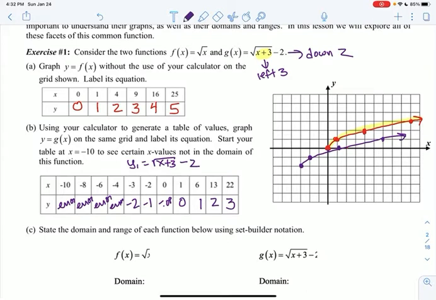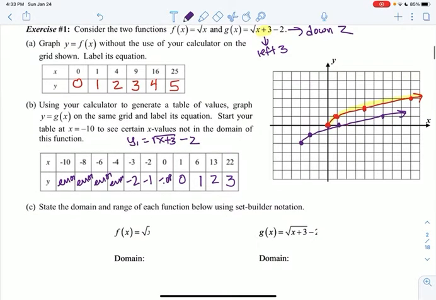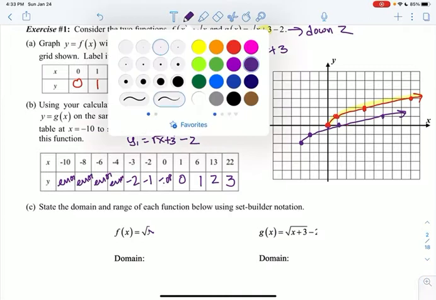Let's state the domain and the range. So the domain is going to be 0 to infinity. I'm looking at the red graph, so let me write this in red so it matches.